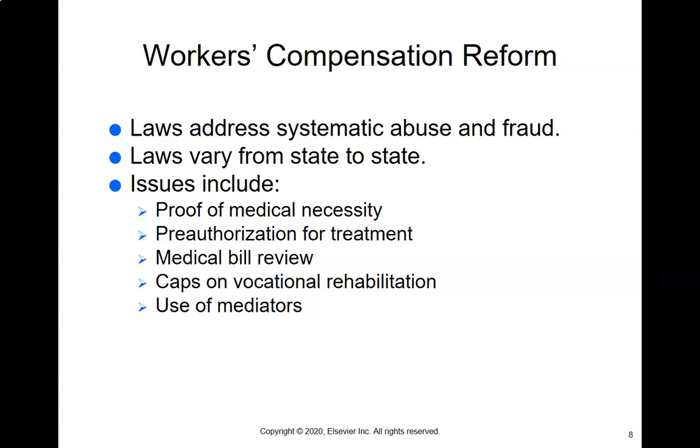Laws placed greater emphasis on occupational safety to proactively prevent costly injuries. Laws address the systematic abuse and fraud. The laws vary from state to state, and some of the issues could include proof of medical necessity, pre-authorization of treatment, medical bill review, caps on vocational rehabilitation, and the use of mediators.